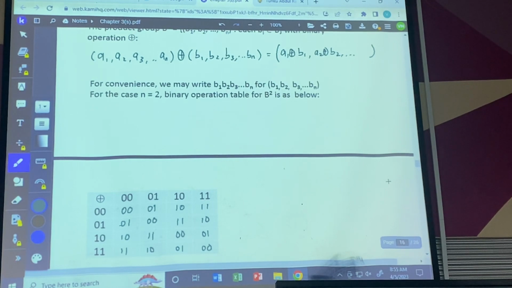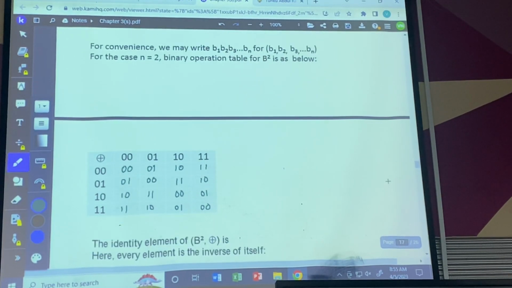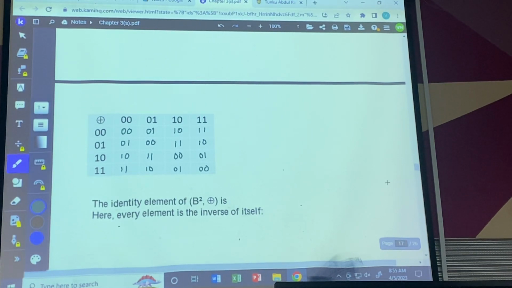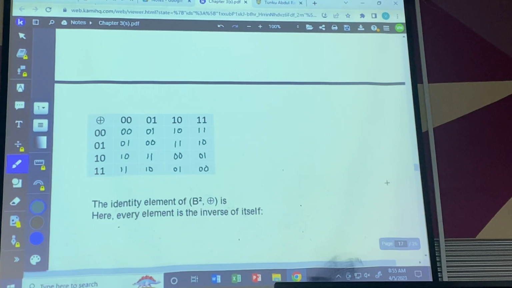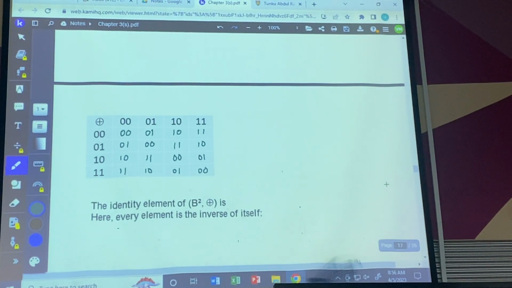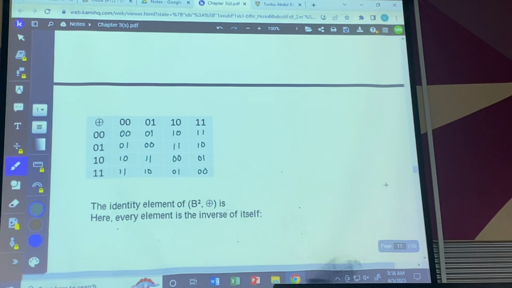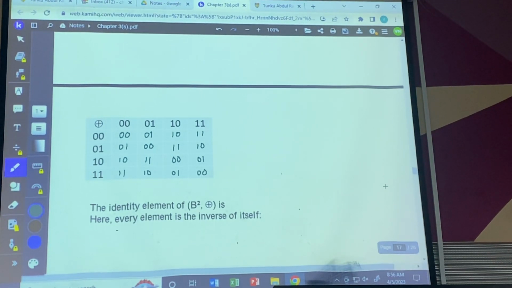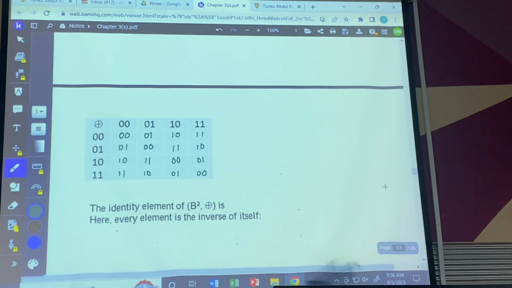What is the identity here? What is the identity? Zero. Yes?